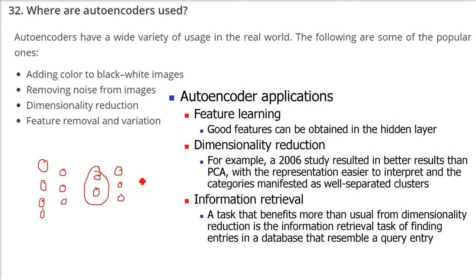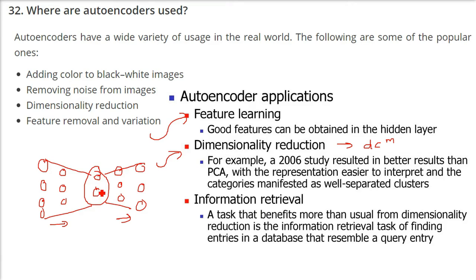The number of inputs is equal to the number of outputs. This is how a normal autoencoder is seen, because the first part is called the encoder, the second part is called the decoder. There are various uses. For example, feature learning, dimensionality reduction, and decompression. Information retrieval is one of the uses.